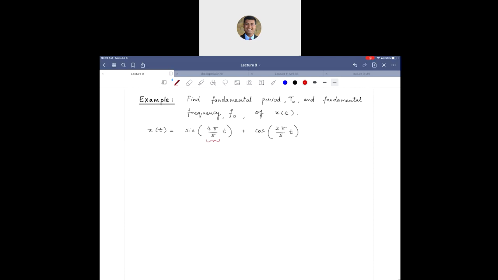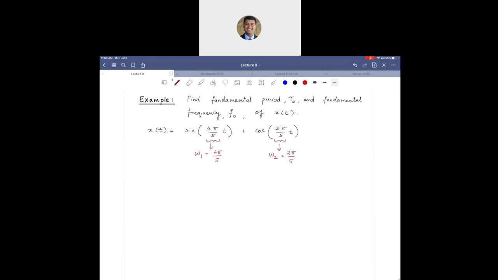The fundamental radian frequency for the first one is 2 pi divided by 5, and for the second, omega 2, it is 4 pi divided by 5.